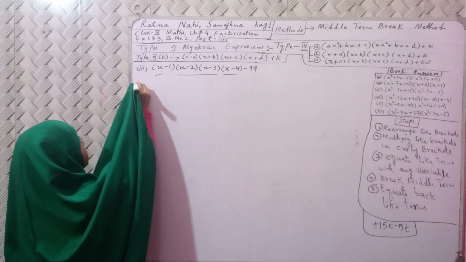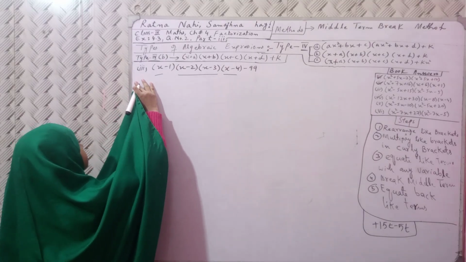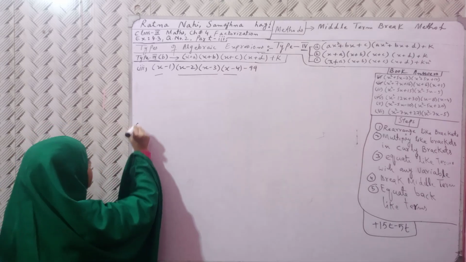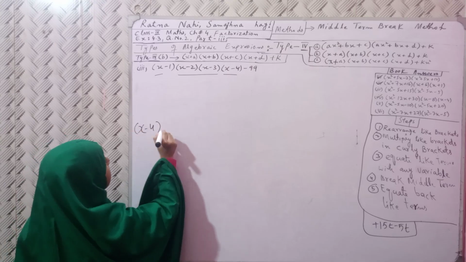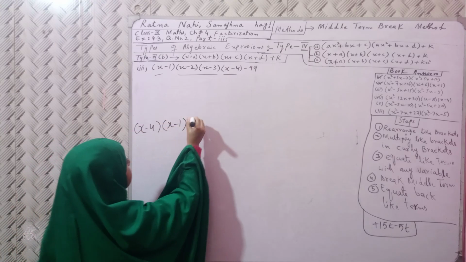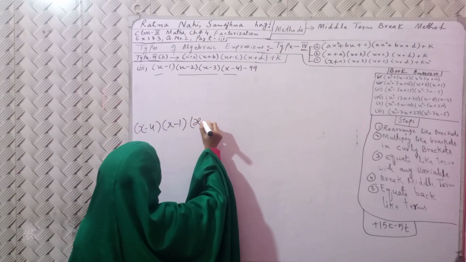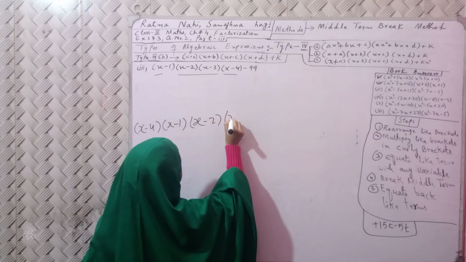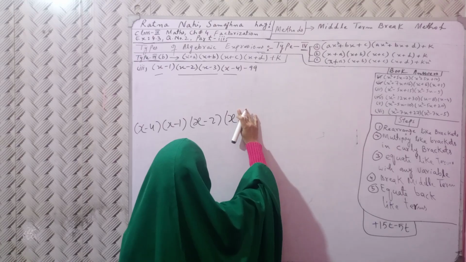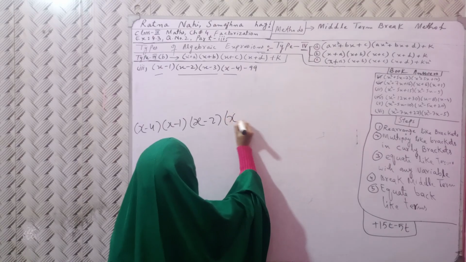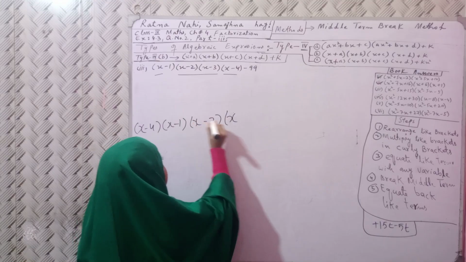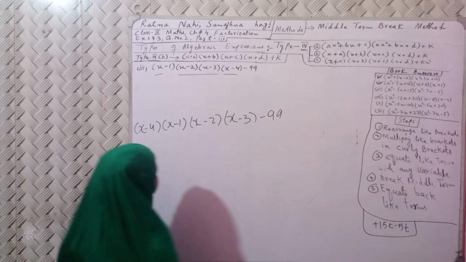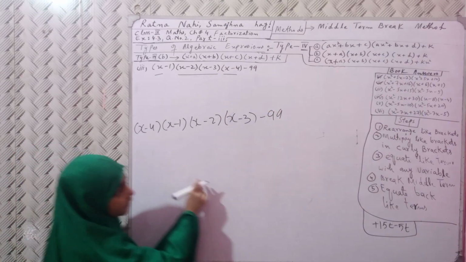So first of all, (x - 4)(x - 1), then (x - 2)(x - 3) and - 99. Then this. Now here we have done this.